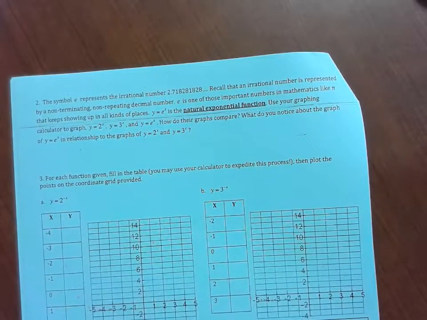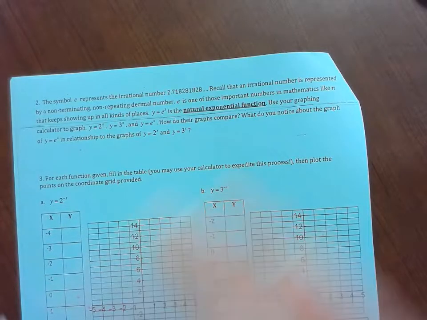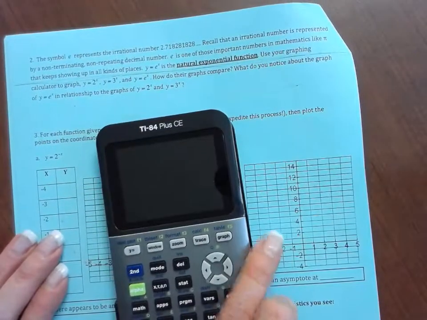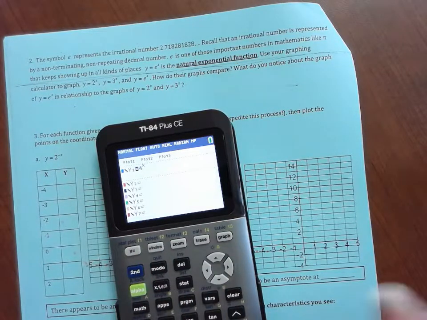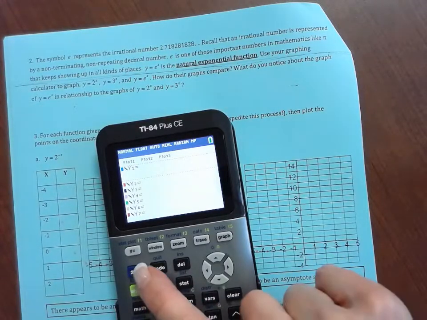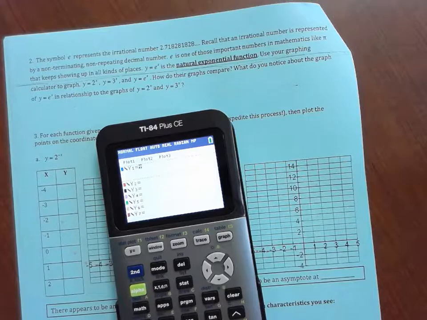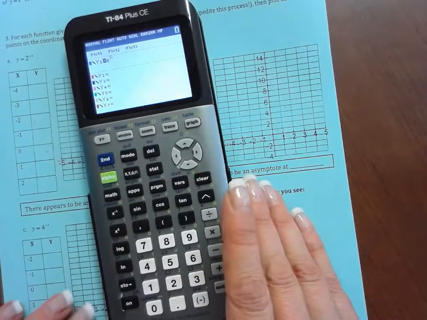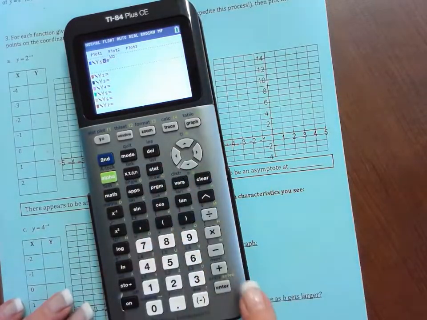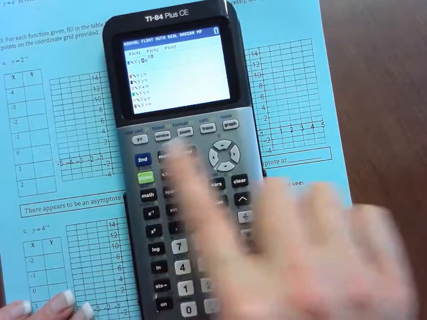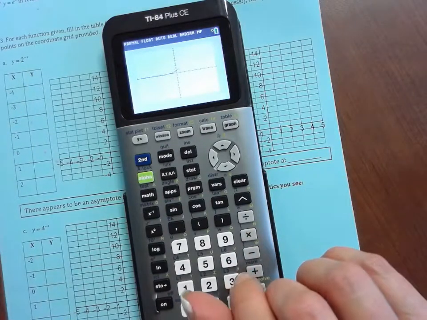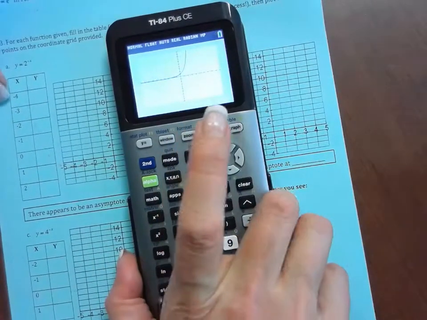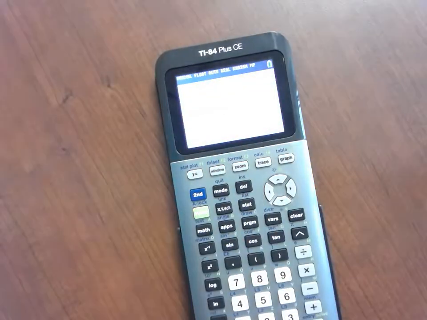So what I want to do is look at the graph. If we change it to E, which is above your ln, and I had it to the x, okay? Let's look at the graph of that. Okay, how does that compare?